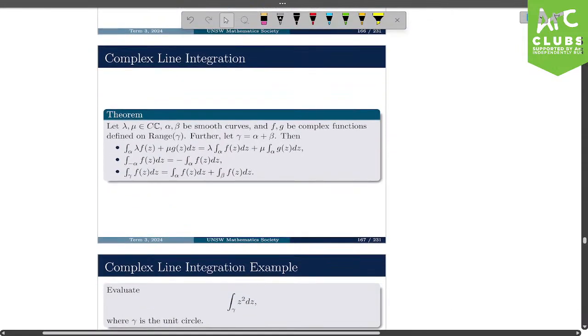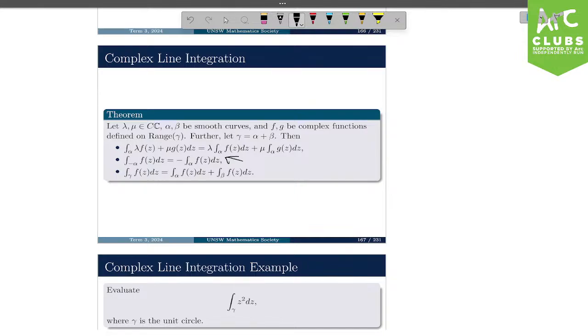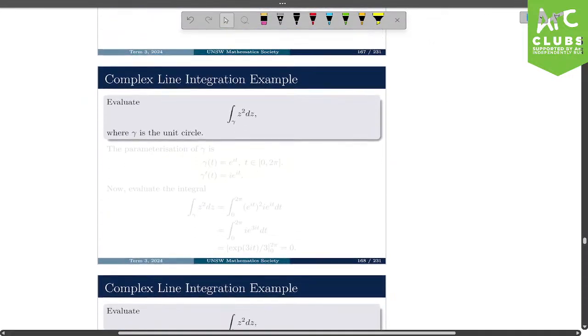So, just recall, we've got more linearity things, we've got the reversal of a curve, and we have the breakdown of a curve. So this is just splitting it up into multiple pieces. So if I have a curve looking like this, I can do this part and then that part. That's all.